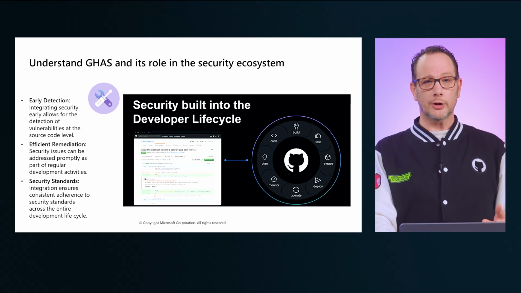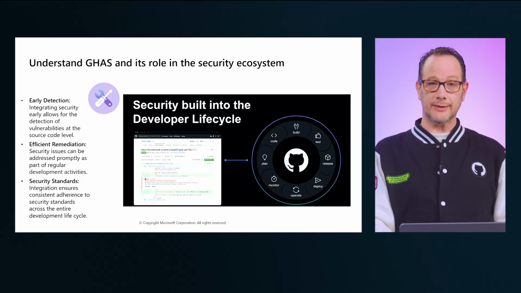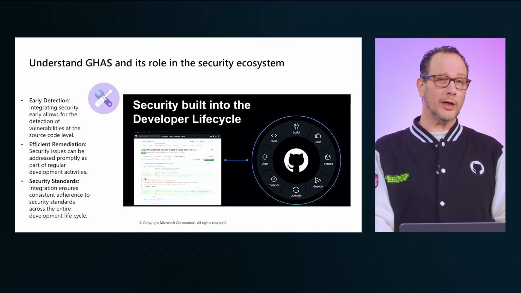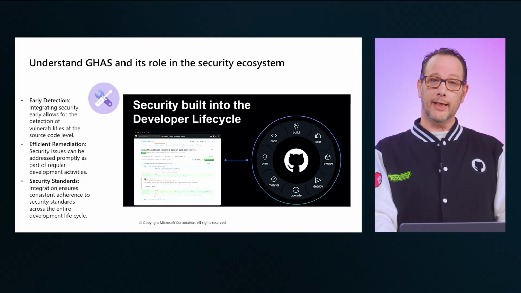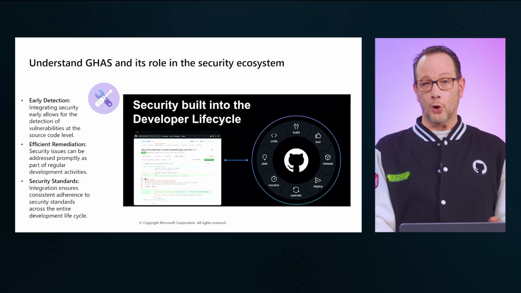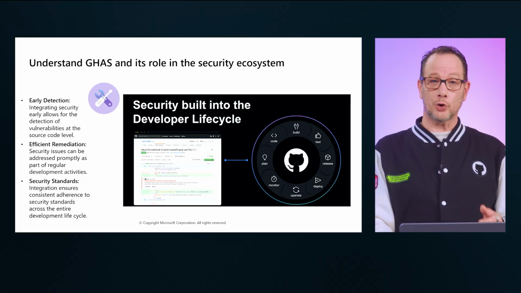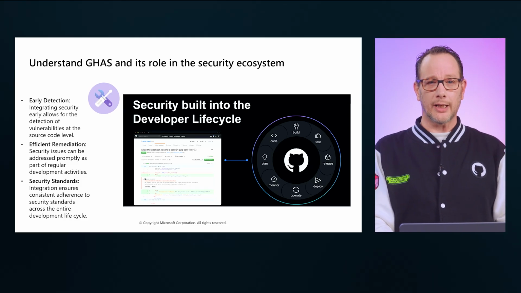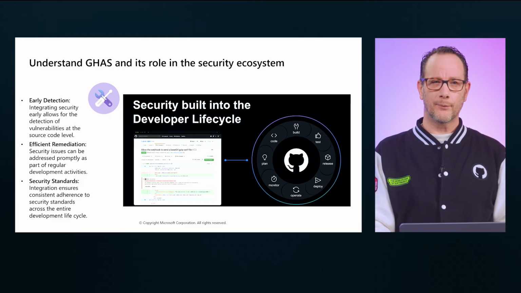This approach ensures that security considerations are addressed from the project inception, resulting in faster identification and resolution of vulnerabilities. GitHub Advanced Security can help with early detection, which allows for detecting vulnerabilities at the source code level, minimizing the likelihood of issues reaching production all the way at the end.